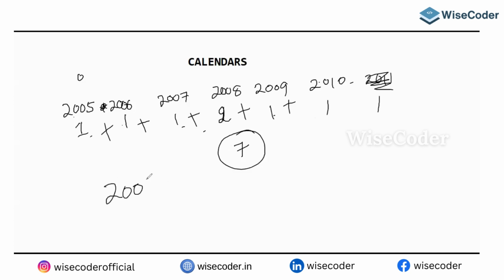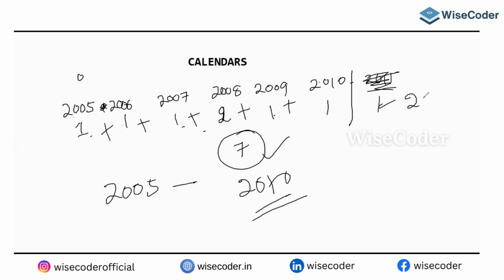Sorry, guys, till 2010 I got 7, so the next year, 2011, will have the same calendar as that of 2005.